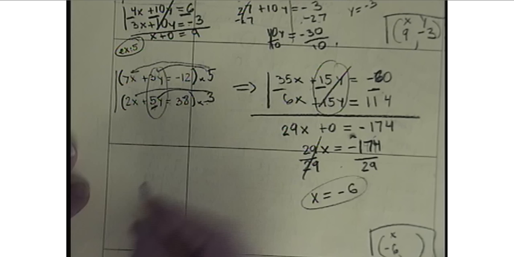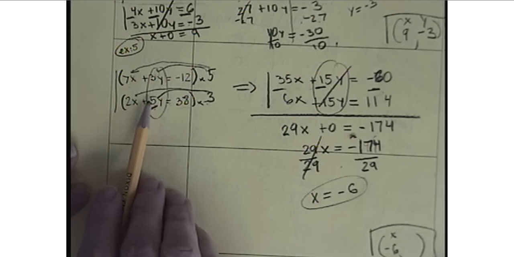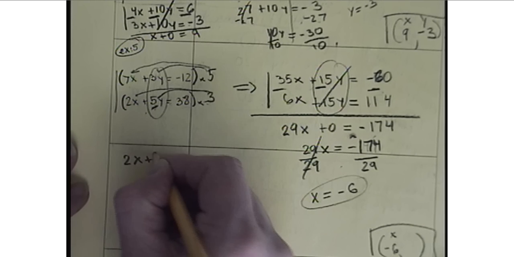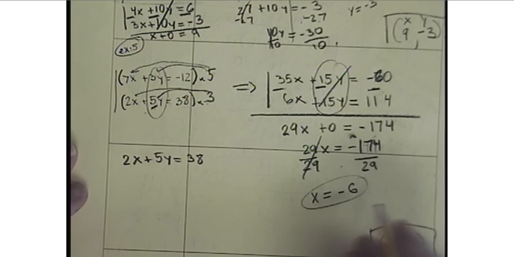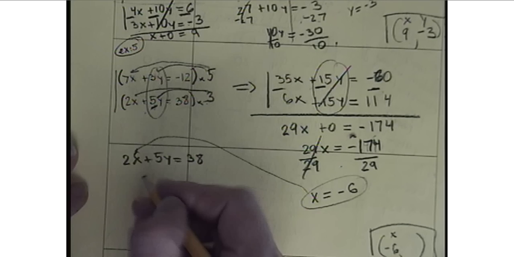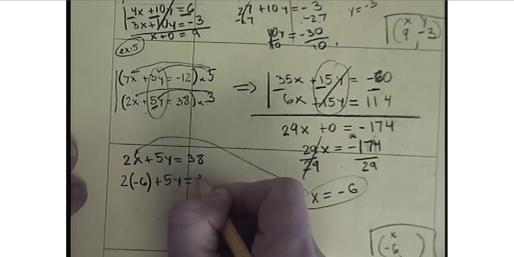For y, we're going to calculate y. So go back to the original equations, take one of those two. I'm going to choose the second one, 2x plus 5y equals 38. And we'll substitute x negative 6 back here. So 2 times negative 6 plus 5y equals 38.